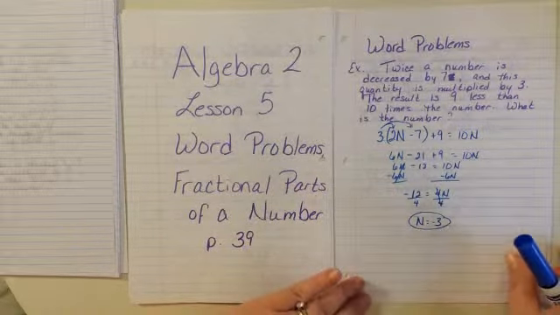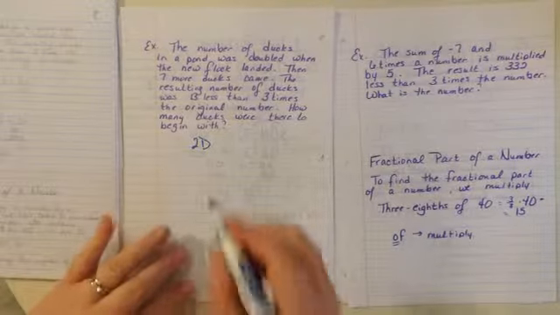Let's try another one. The number of ducks in a pond was doubled when a new flock landed. So we have ducks in a pond, and the number of ducks doubled when a new flock landed. 2 times the number of ducks. Then 7 more ducks came.